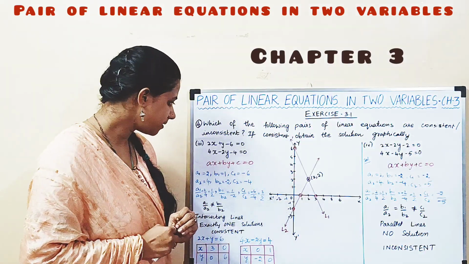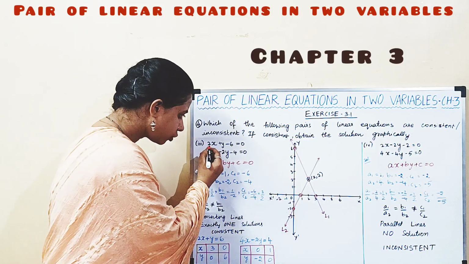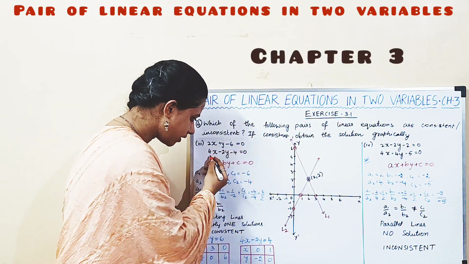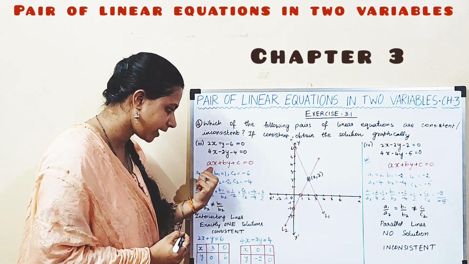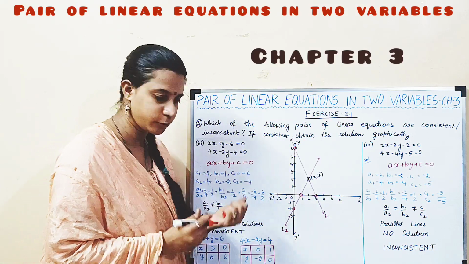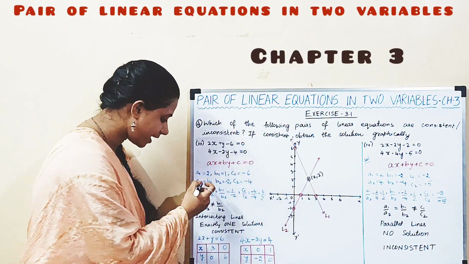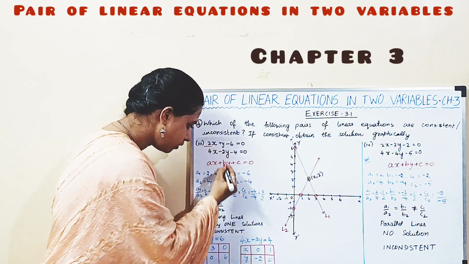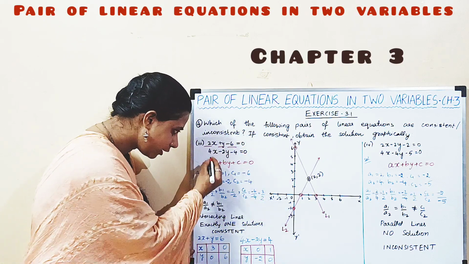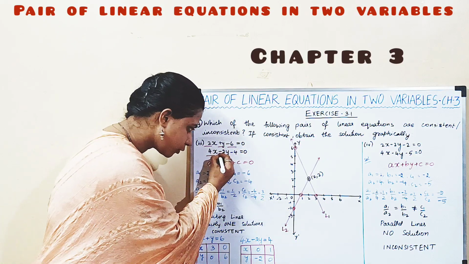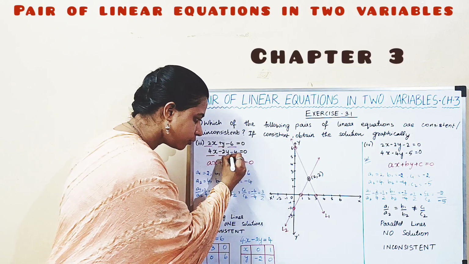Now in third subdivision, the equations given are 2x plus y minus 6 equal to 0 and 4x minus 2y minus 4 equal to 0. This is already in the form ax plus by plus c equal to 0. So directly now we will take the values. a1 is equal to 2, b1 is equal to 1 and c1 is equal to minus 6 and a2 is equal to 4, b2 is equal to minus 2 and c2 is equal to minus 4.